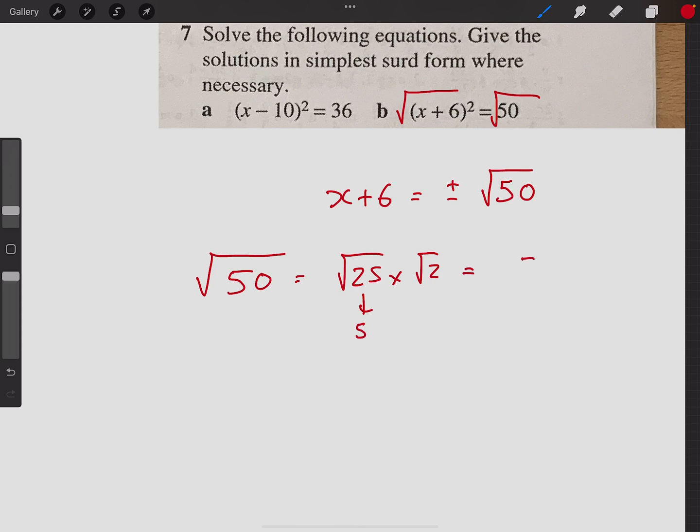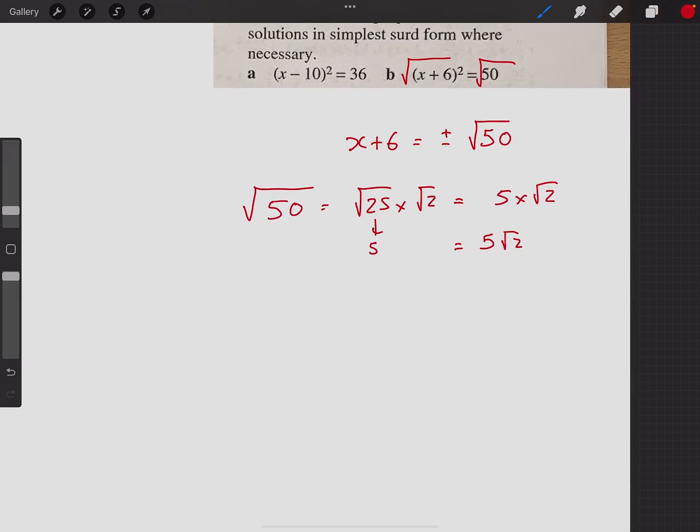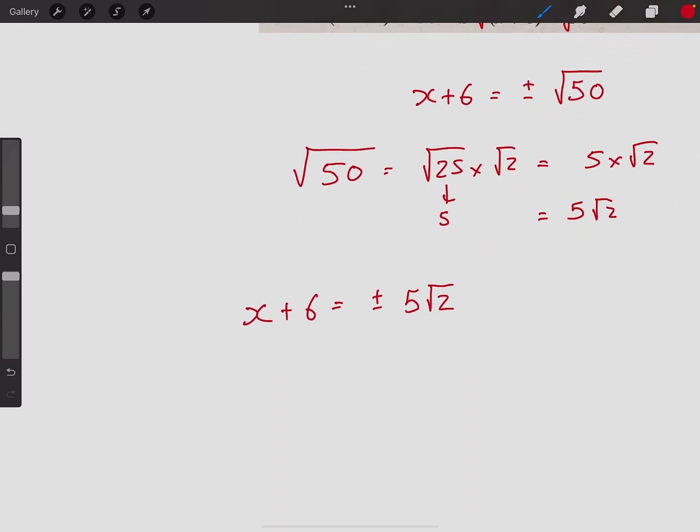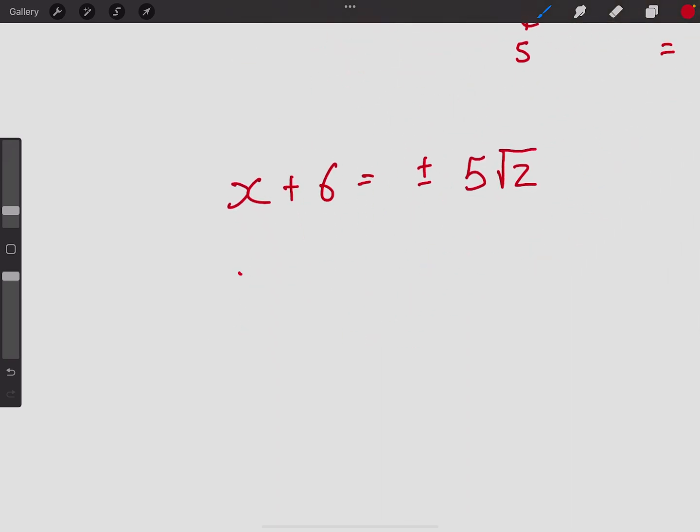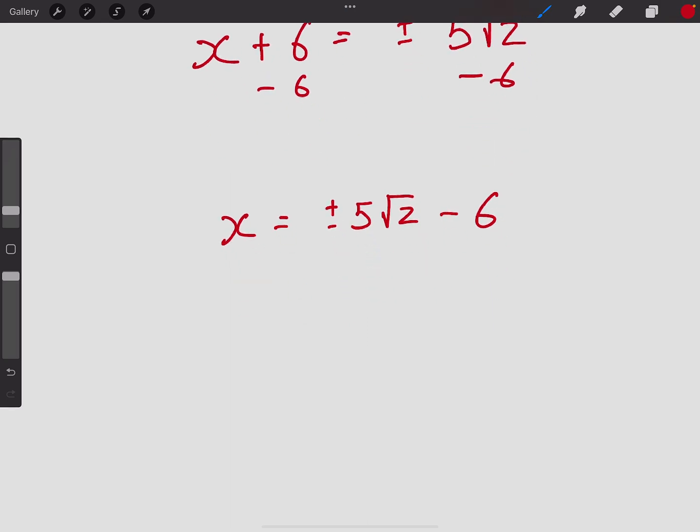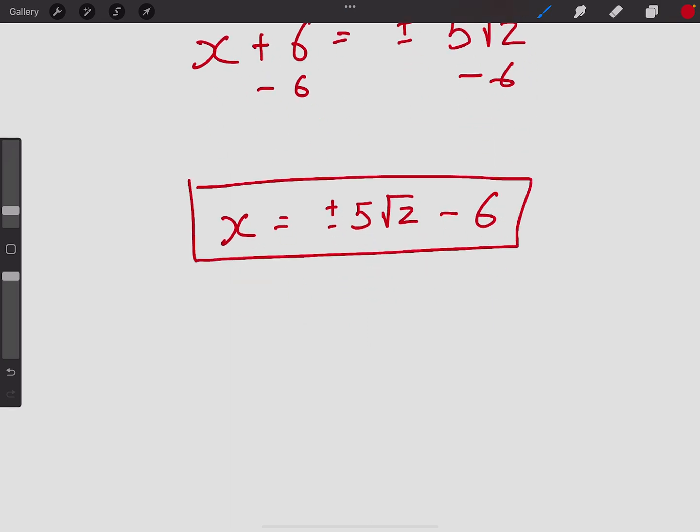So you're going to get 5 times square root of 2, and that just makes 5 root 2. Okay, so x plus 6 is equal to plus minus 5 root 2. Now to solve for x, all we're going to do is minus 6 from both sides, and you're going to get x is equal to plus minus 5 root 2 minus 6. There's your answer.